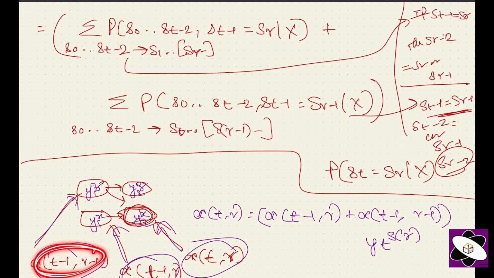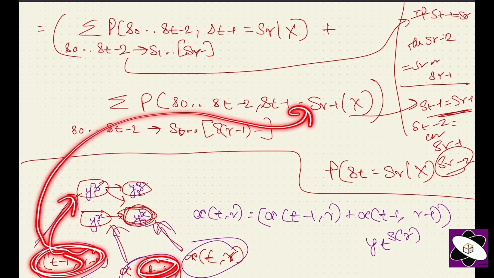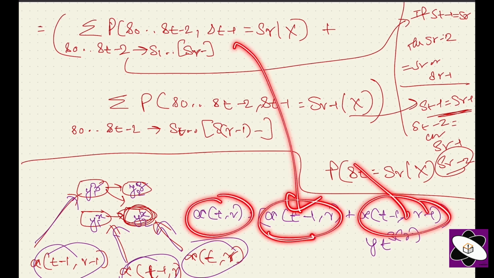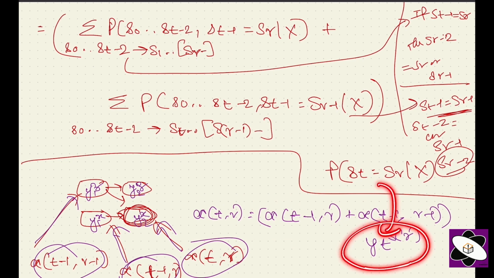So t minus 1 r minus 1 is this thing or this thing, and t minus 1 r is this thing or this thing. So alpha tr is equal to t minus 1 r term plus t minus 1 r minus 1 term, whole multiplied by yt of s of r, the probability of occurrence of that particular symbol at timestamp t. That's it.